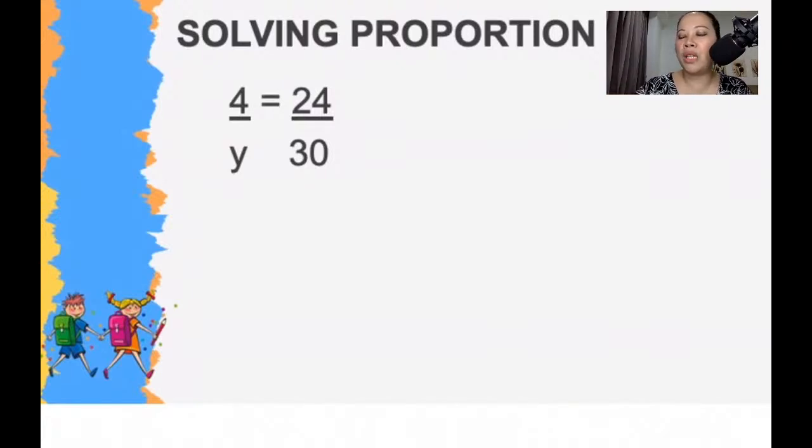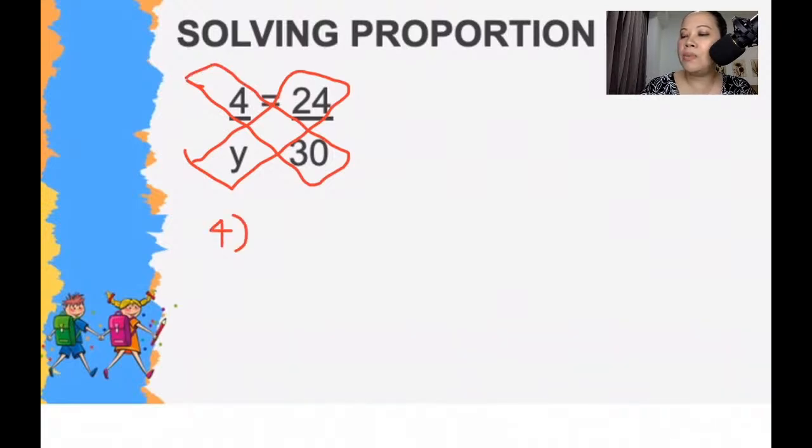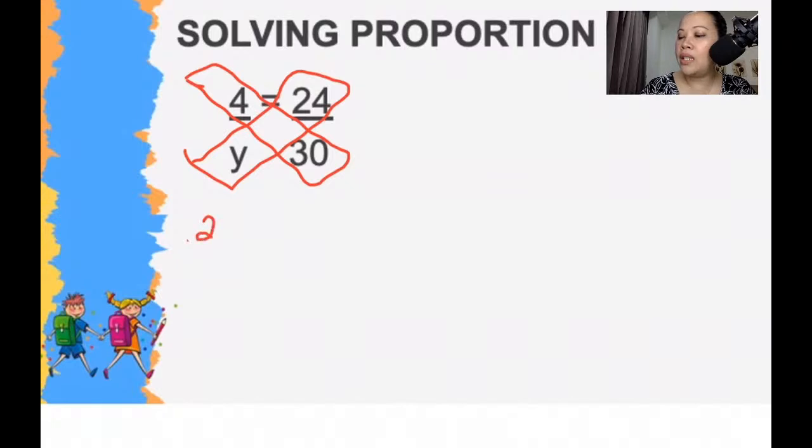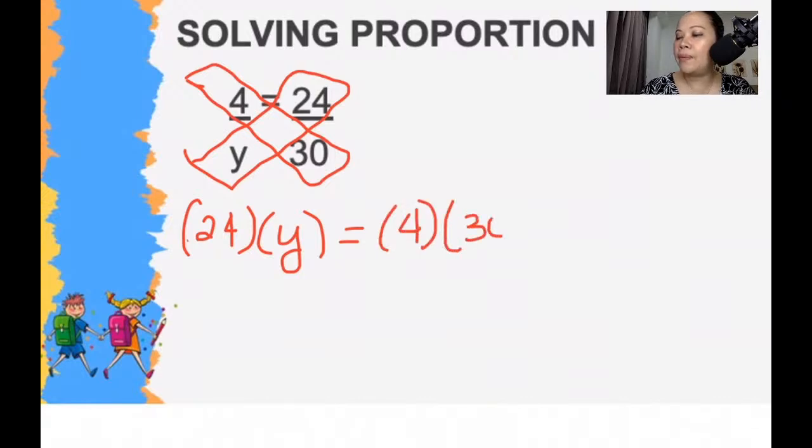So you cross multiply the extremes. You have 4 times 30 equals, I think I'll write the y on this side so that it will be easier to look at. All right. So you have 24 times y equals 4 times 30.